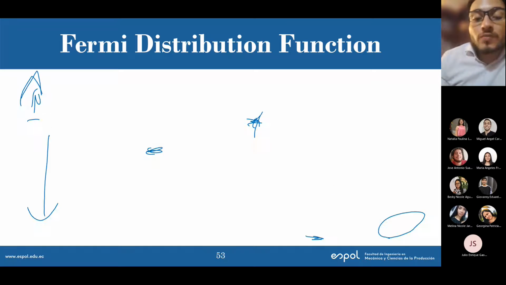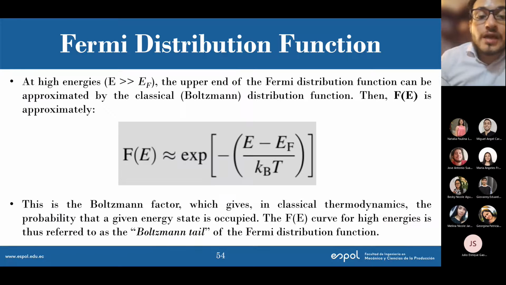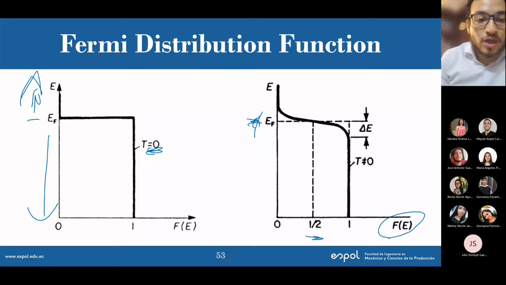To eliminate that term, I need E much greater than EF. Because when E is much greater than EF, that means the energy I'm located at is way above the Fermi energy. So let's say in the graph I'm somewhere here, way above the Fermi energy, right?